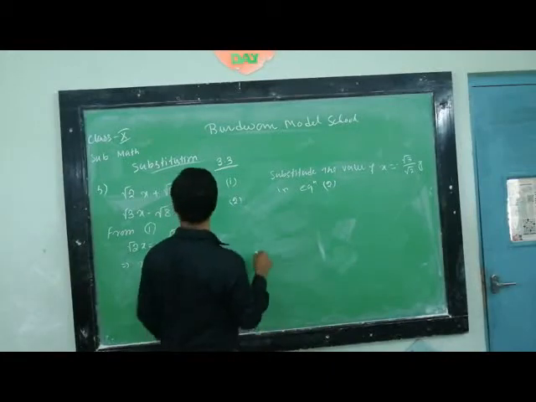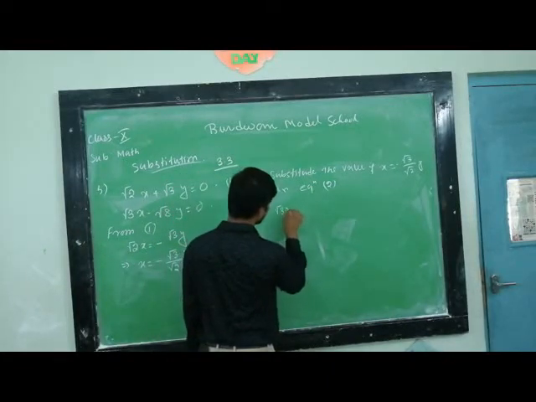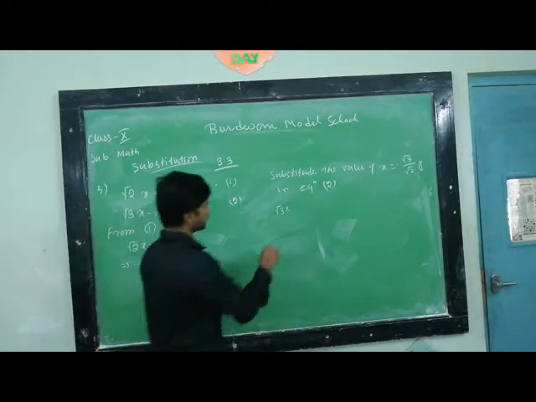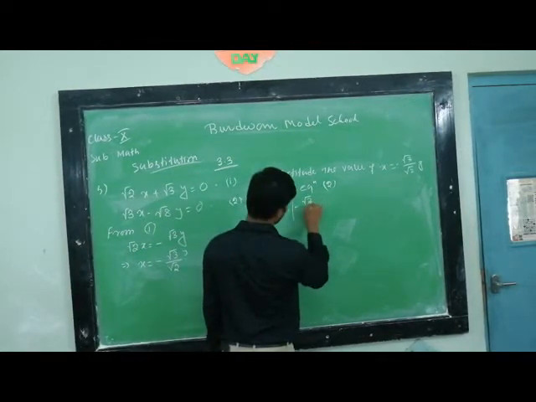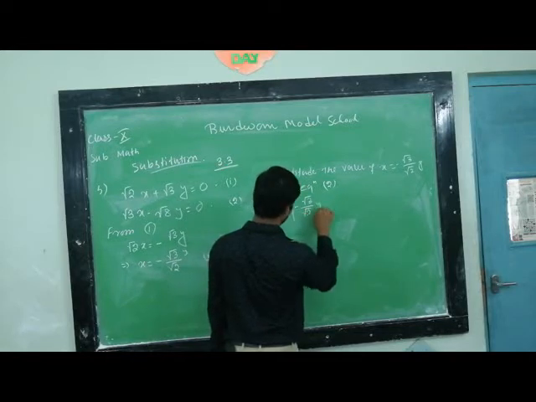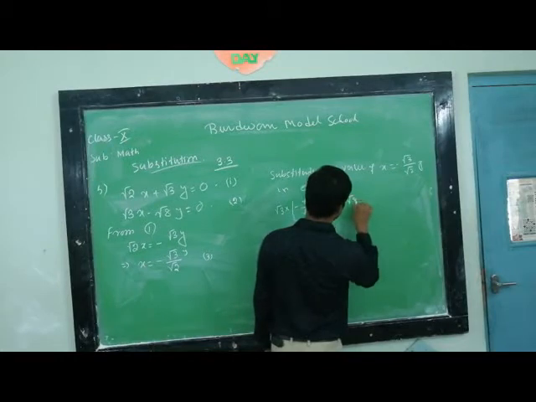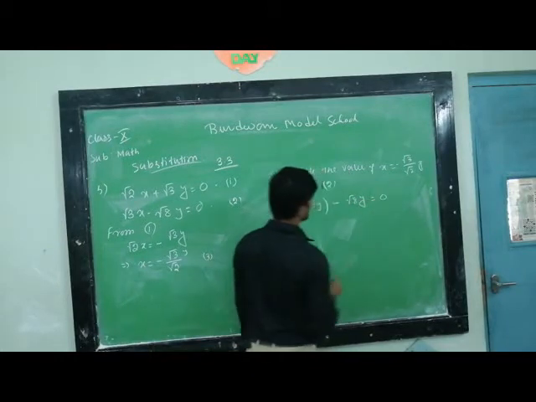Equation number 2 is root 3 into x, and we know the value of x is minus root 3y by root 2. So put it here: root 3 into minus root 3 by root 2 y minus root 8y, which is equal to 0.